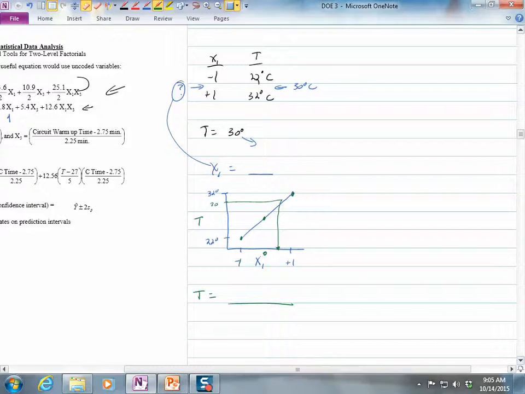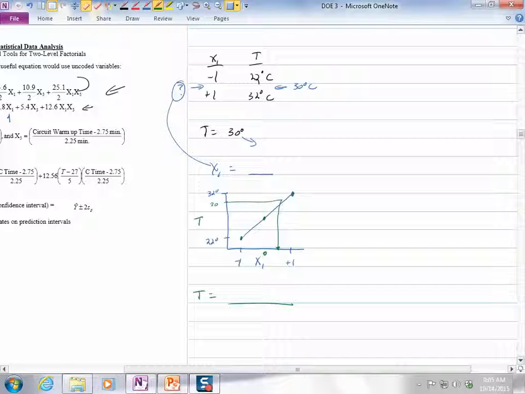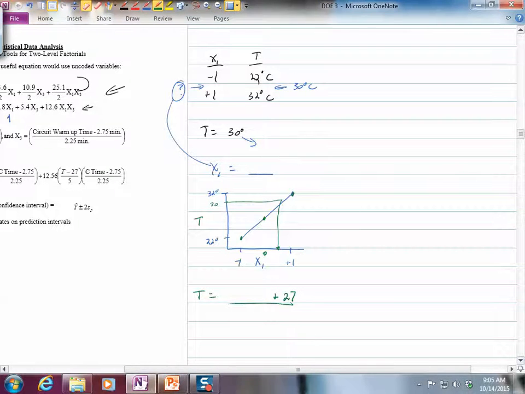Okay, everybody got it? What's the y-intercept? 27, thank you. And then we have the slope, the rise over the run.